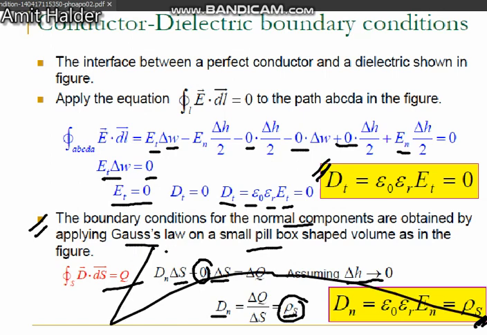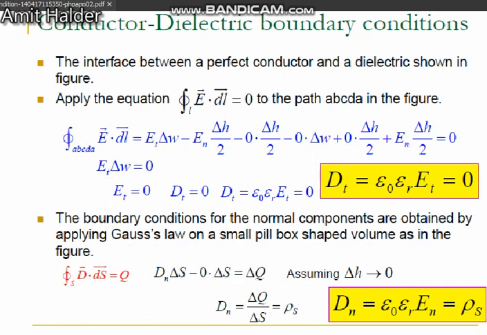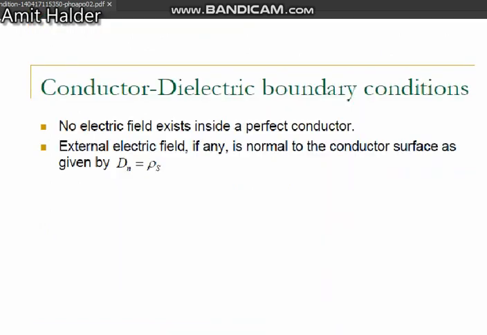Now, the same conditions, the second media will be 0. So for the conductor dielectric boundary condition, we have got two statements. There will be no electric field inside a perfect conductor. That means E is equal to 0 inside a perfect conductor.